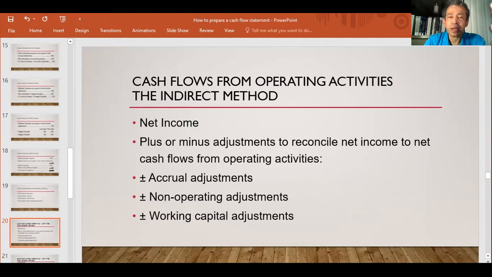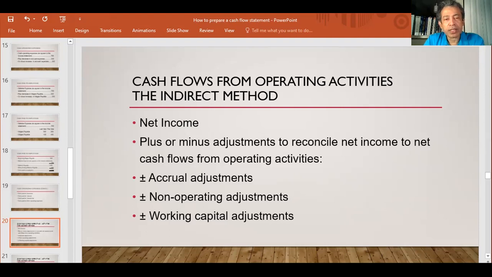It means all non-cash income must be subtracted and non-cash expenses must be added back. So most typically, depreciation must be added back. It's the biggest and most frequent non-cash expense, the most frequent accrual expense. So we add it back, and then we do working capital.